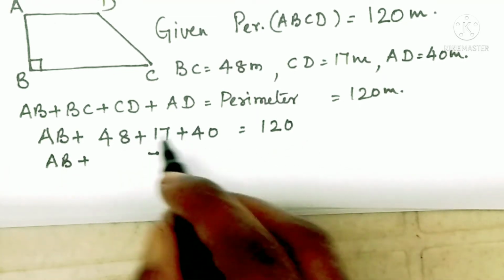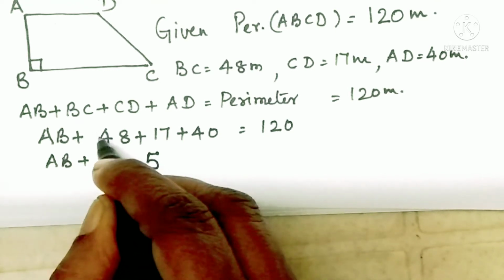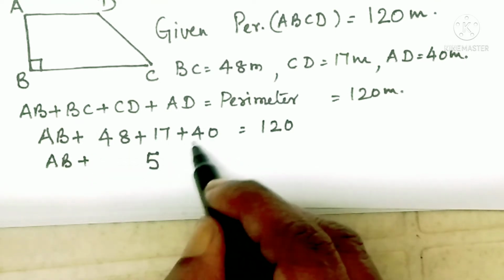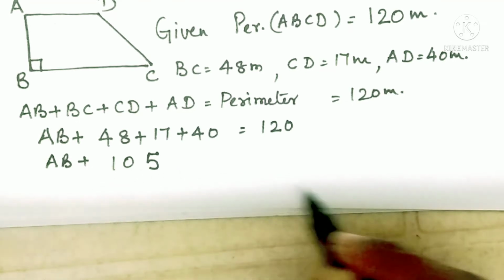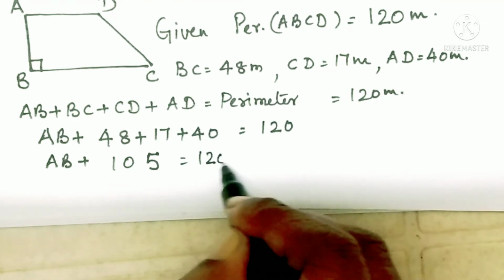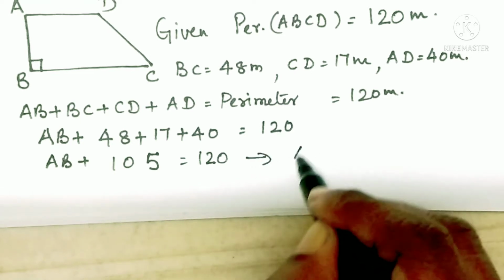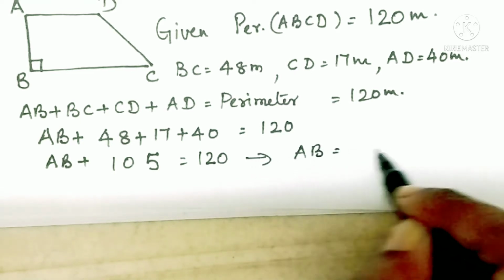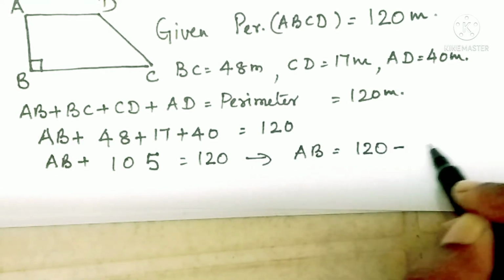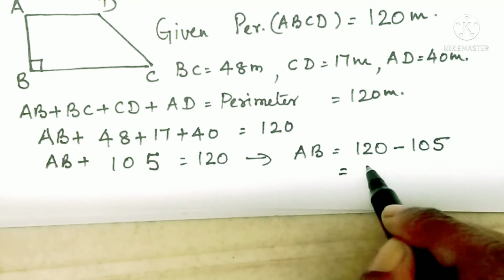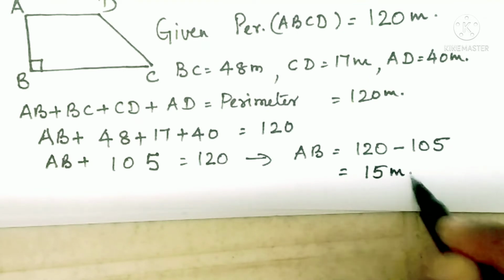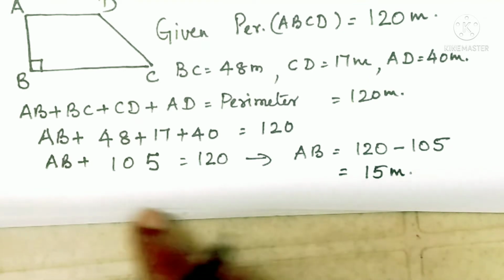What is 7 plus 8? 15. 4 plus 1, 5. 6 plus 4, 10. So, total 105 is equal to 120. So, from here we get AB is equal to 120 minus 105, which is equal to 15 meter. So, we got all the sides now.